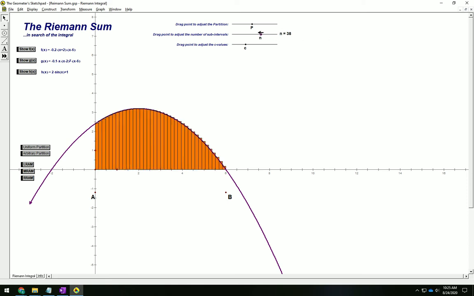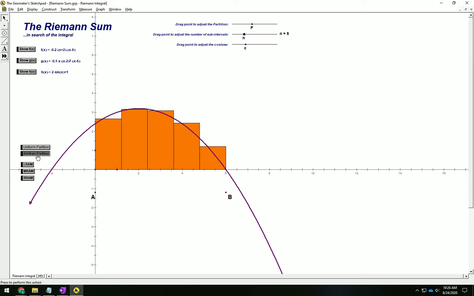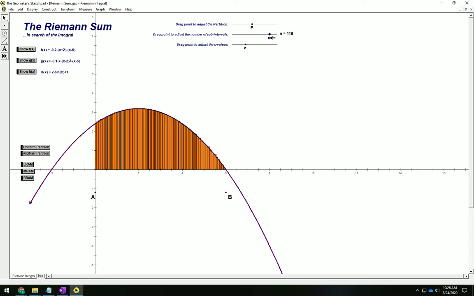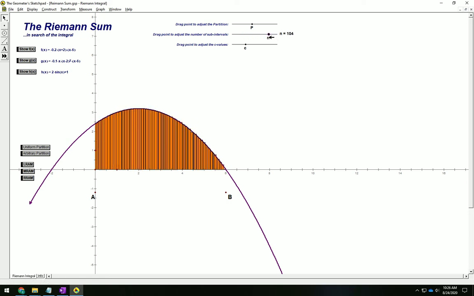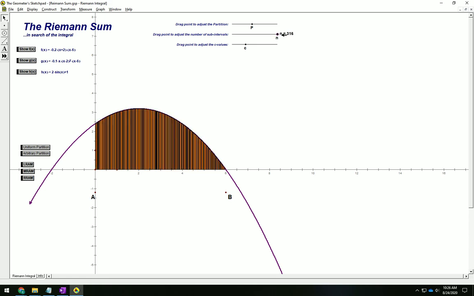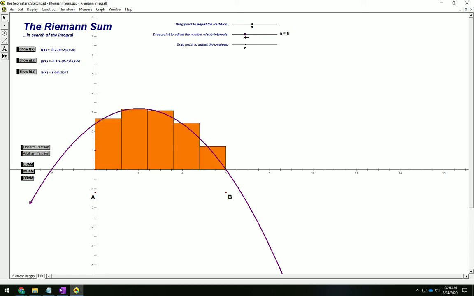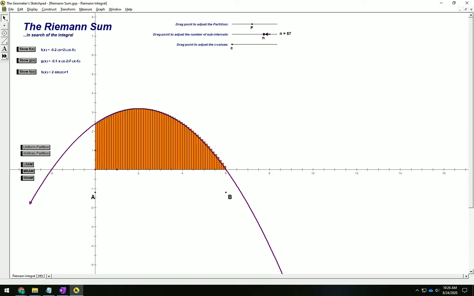Now what's interesting here is that I can see that no matter whether I have an arbitrary partition or a uniform partition, that is, rectangles of equal widths or different widths, as I continue to go on and on, my approximation gets better. It actually doesn't matter as well, even if I was to have left endpoint approximations, I can still see that as I increase, my approximation gets better.